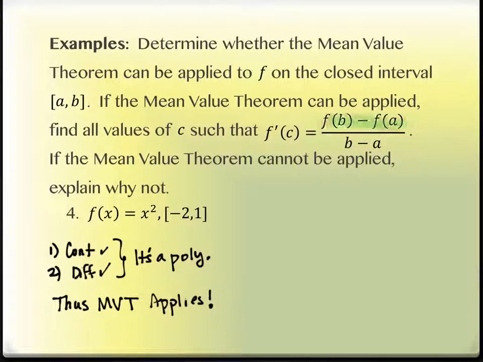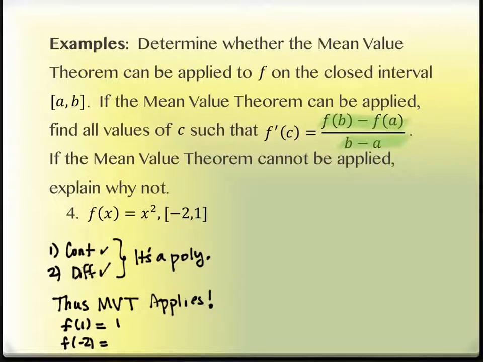Well, one thing I'm going to have to do that I didn't have to do before is calculate the slope: f(b) minus f(a) over b minus a. So we're going to find f of, what are my intervals? 1 and f of negative 2. So grab your calculator, do it in your head, whatever it takes. What is f of 1 for the function x squared? 1.